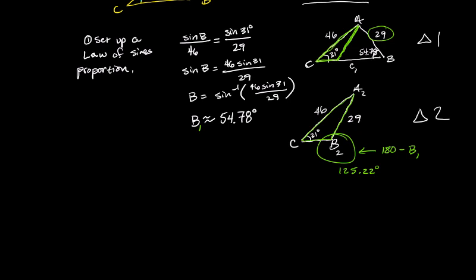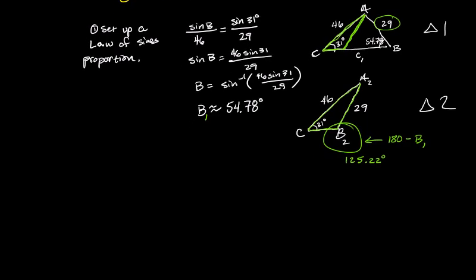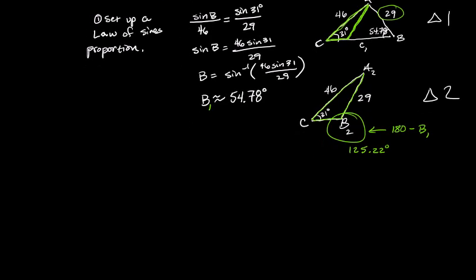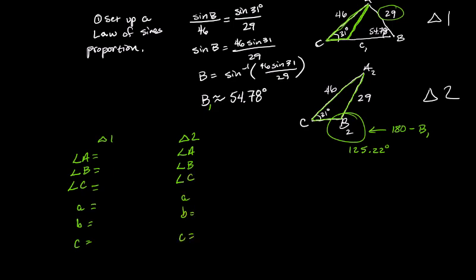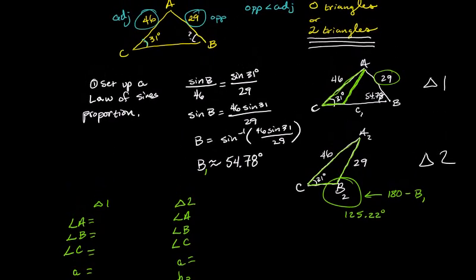So now I'm going to show you what you should have. I've got triangle 1 over here: angle A, angle B, angle C, side A, side B, side C. Triangle 2: angle A, angle B, angle C, and side A, side B, side C. Here's the truth: the givens are the same in both, okay?